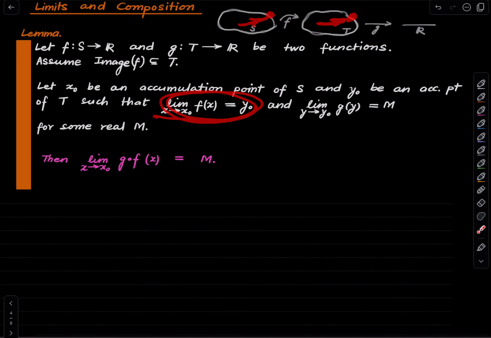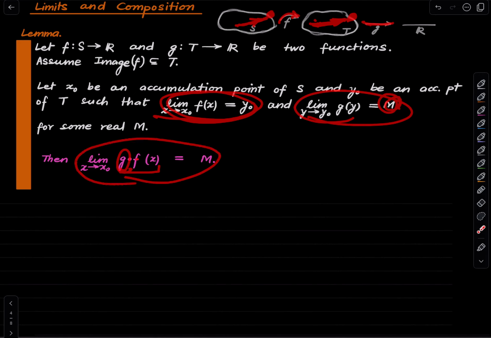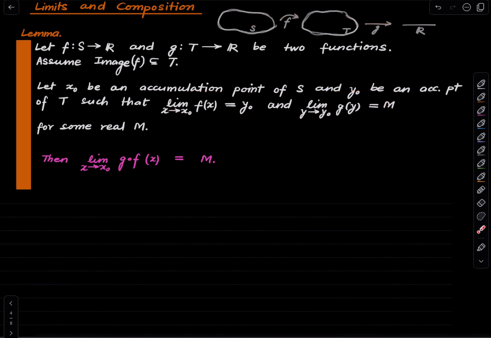And what does this say? It says as you come closer and closer to y0, under the function g, you come closer and closer to m. So if you apply this two-step process, you come closer to x0, and once you apply f, you come closer and closer to y0, and then you apply g, you come closer and closer to m. So this is not some extraordinary thing that we have written.